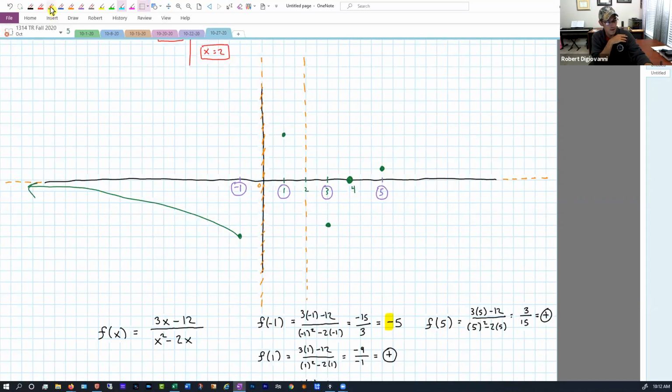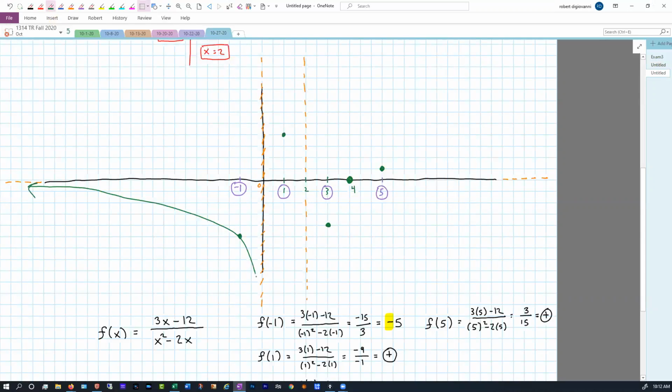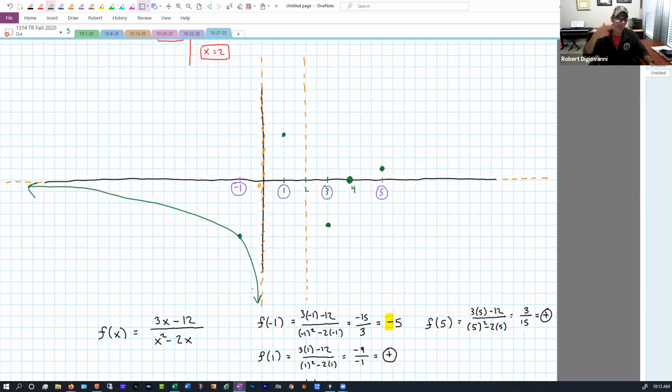Down, okay? This has to go down. So it's not a coin flip. It's not 50-50, it's up or down. It has to be one or the other, but you have to be thinking about why. Is everyone clear that I cannot turn up here because I create an x-intercept that doesn't exist? Okay.